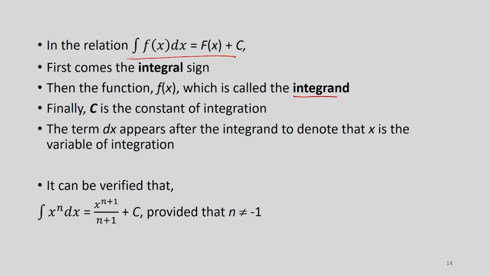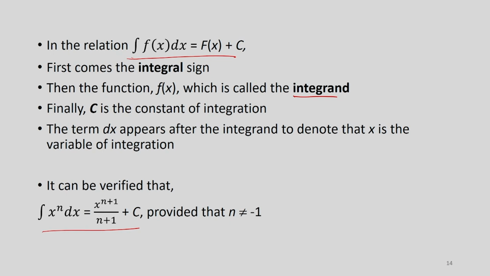Now we are talking about certain rules of integration. We said that if you integrate x to the power n with respect to dx, then what we get is x to the power n plus 1 divided by n plus 1 plus C. C is the constant of integration.